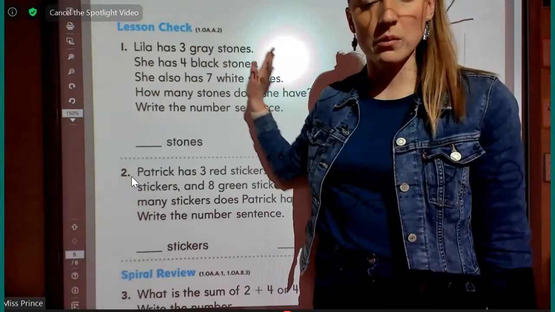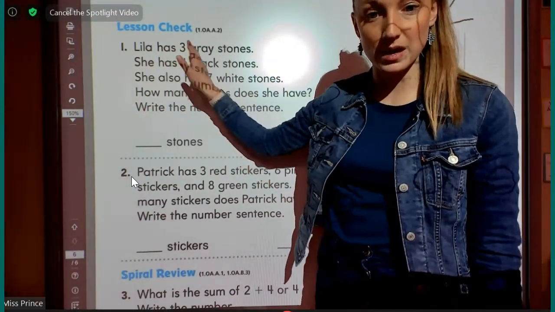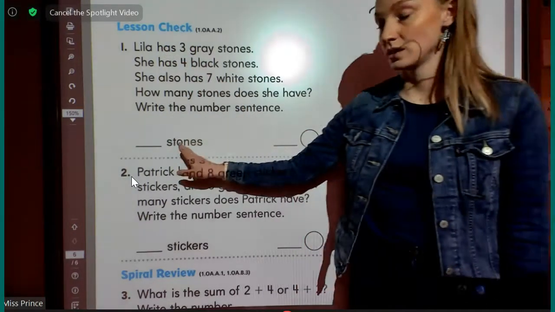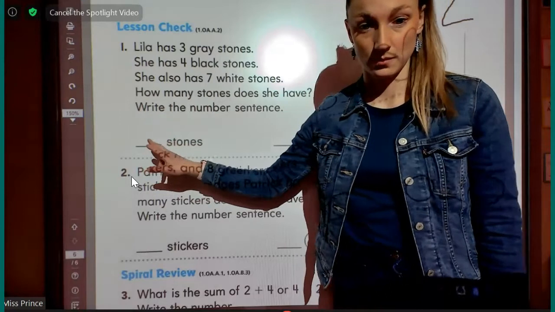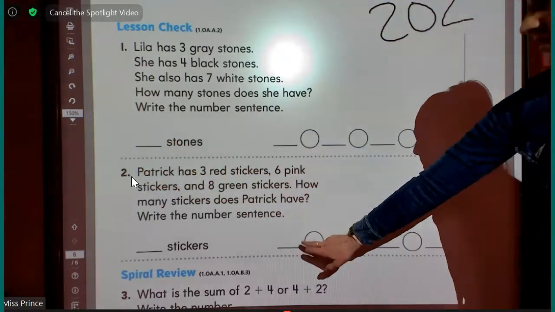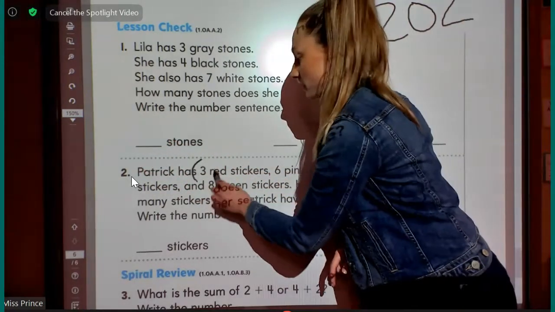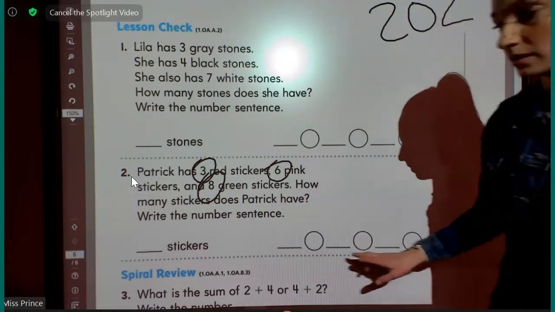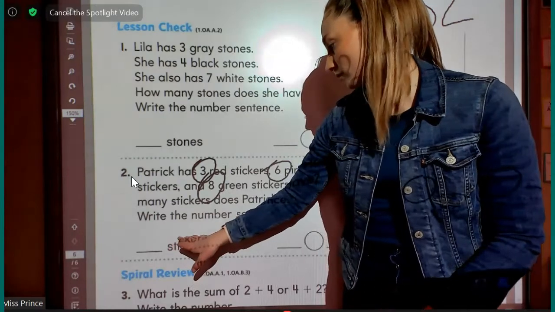This is exactly what we've been doing. You have 3 numbers to circle. Write your equation. Tell me the total. This one, same thing. You have 3 numbers. You're going to write your equation. Tell me the total.